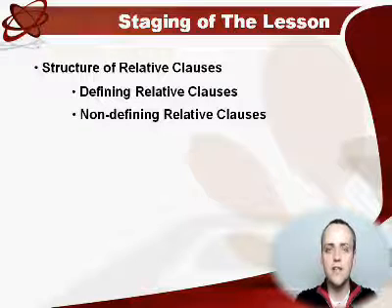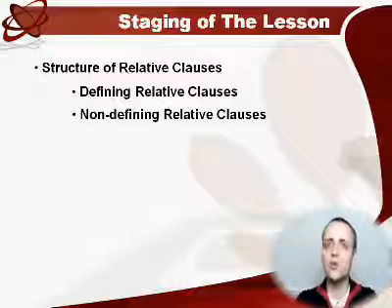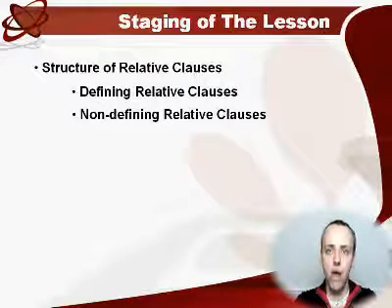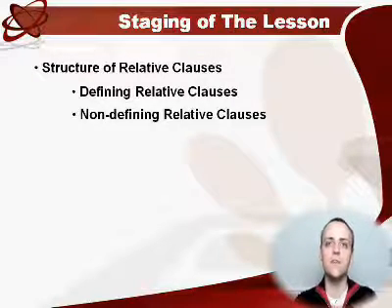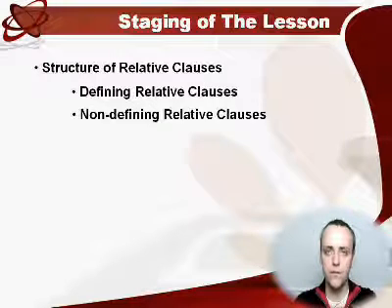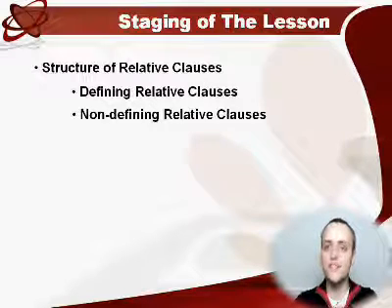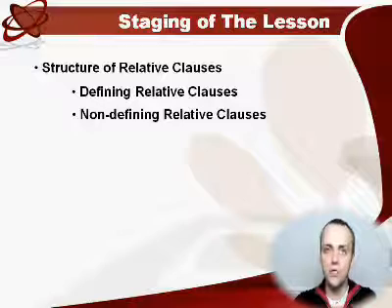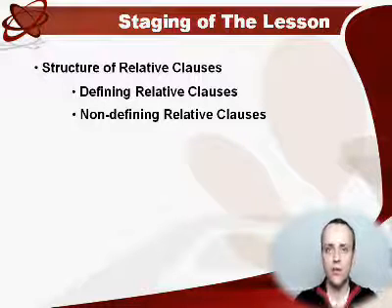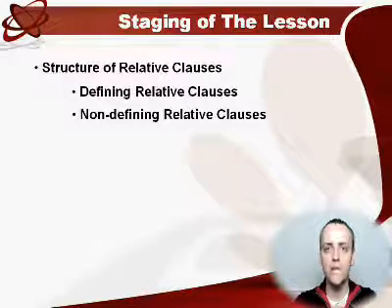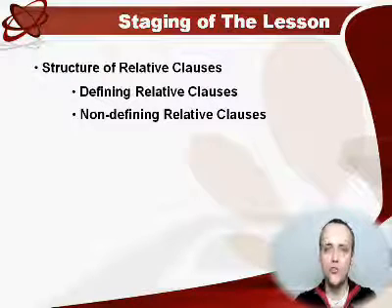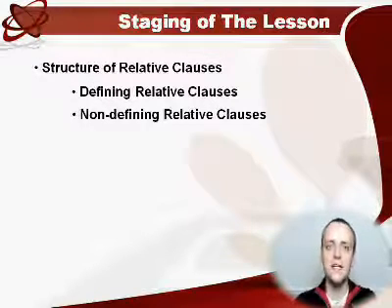Then we'll take a look at the opposite, which is non-defining relative clauses. In this case, this is extra information which is not 100% necessary, but it is giving the reader some extra detail. The reader will understand the point without the extra information. However, you want to add extra information to make it more interesting and more detailed.